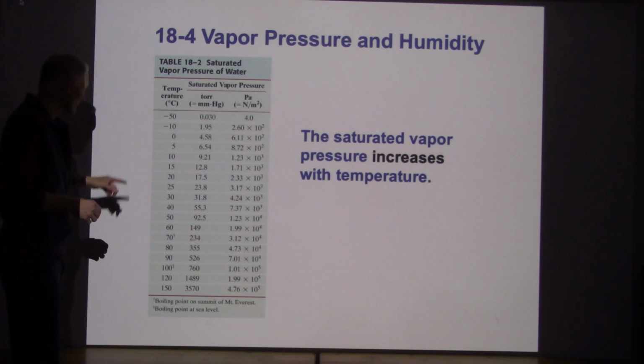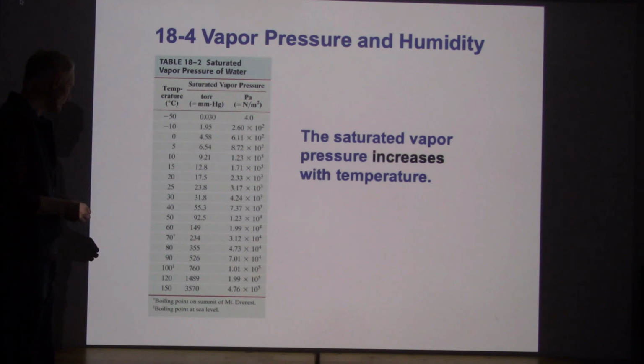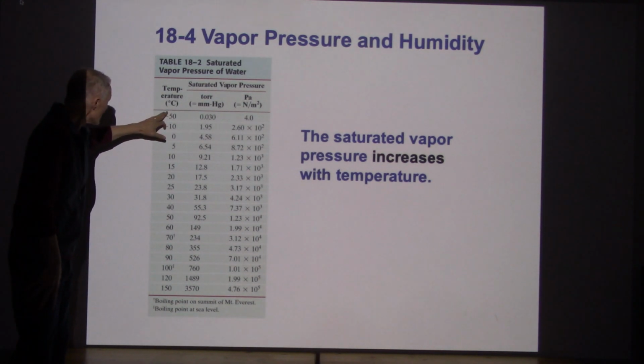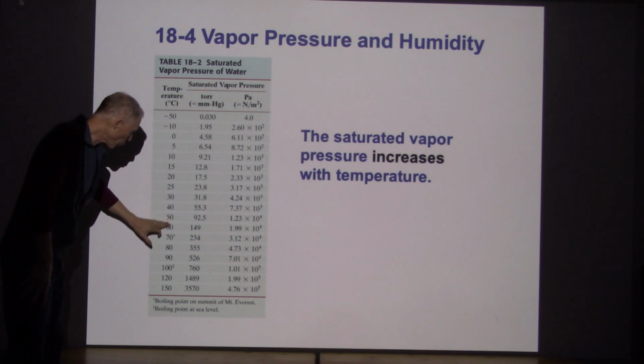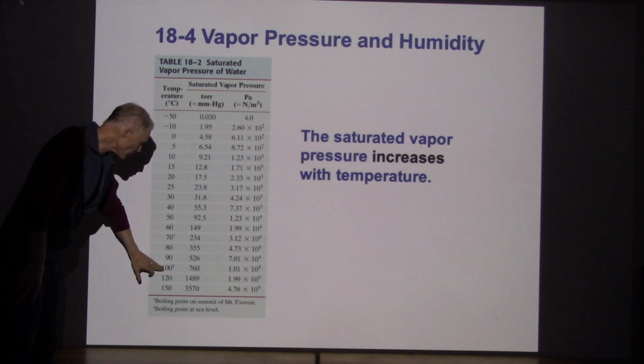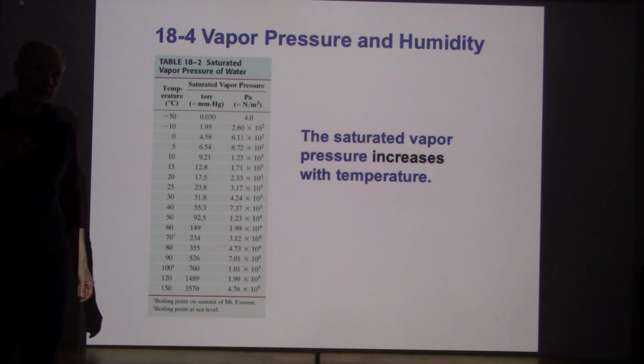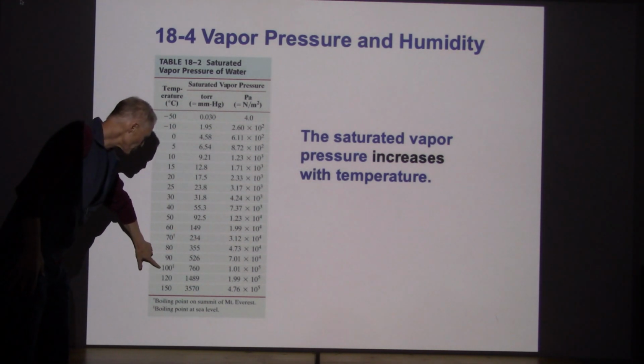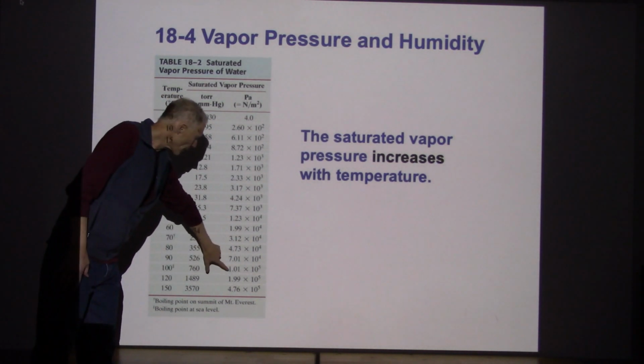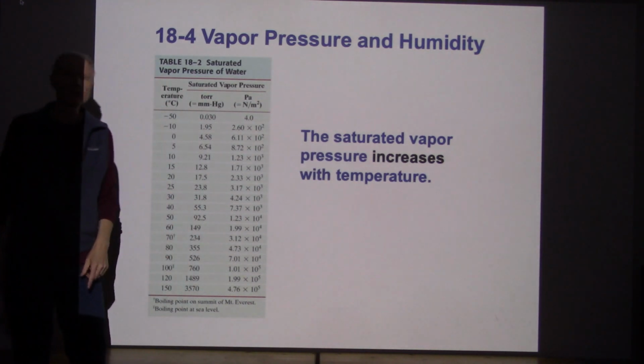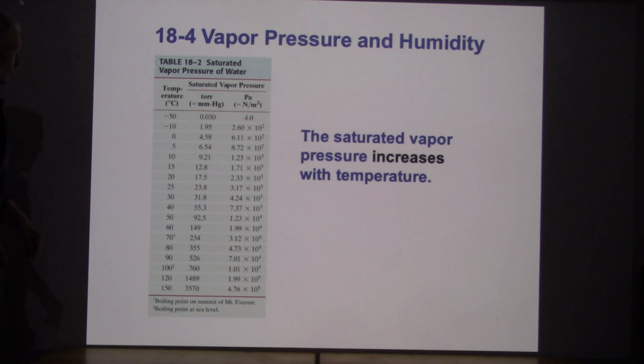Now, what's interesting on this chart is that by the time you've reached water at a temperature of 100 Celsius, which would be boiling, the pressure due to water vapor is now 101,000 pascals. It's equal to atmospheric pressure.